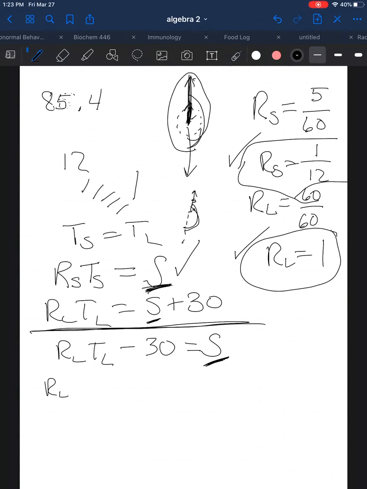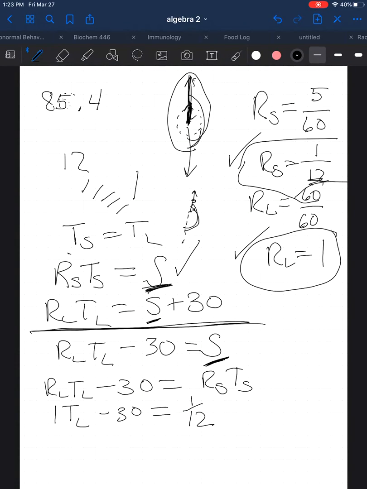So RL TL minus 30 is equal to RS TS. And now we're just going to substitute what we've got. RL is 1 times TL. RS is 1/12. And because these guys are equal, I'll just change this one to TL, so we just have one variable.